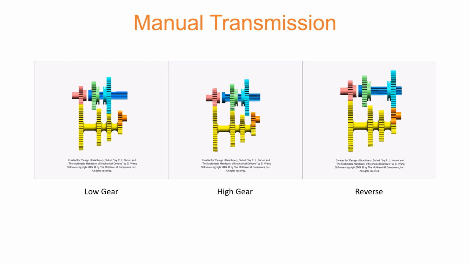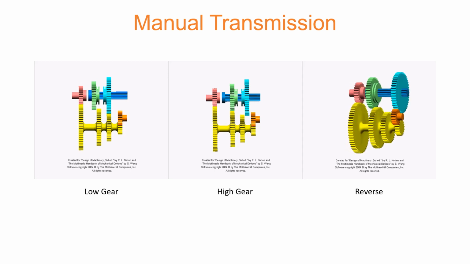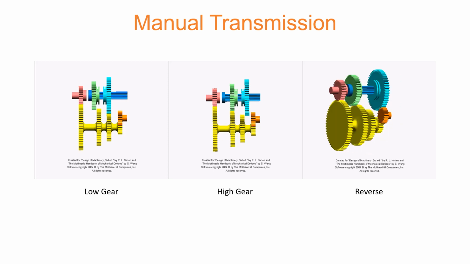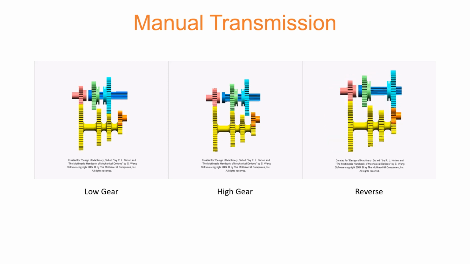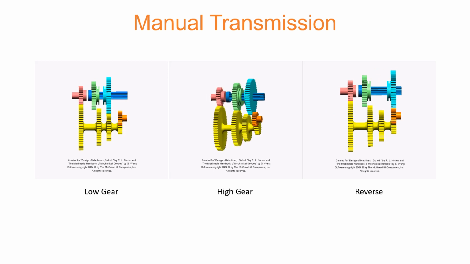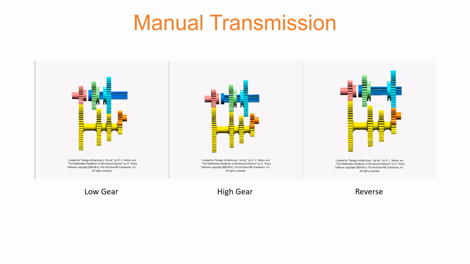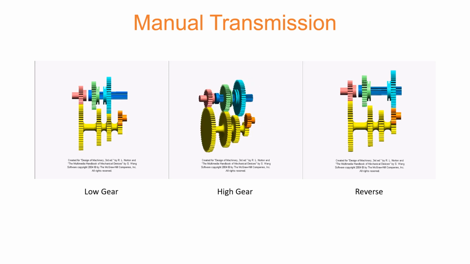I can show you the arrangements over here. You can see the reverse direction animation going on. Because of the engagement of the idler, it reverses the direction. In case of higher gear setting now, you can see that the speed of output rotation is much higher and there is no idler engaged with it.